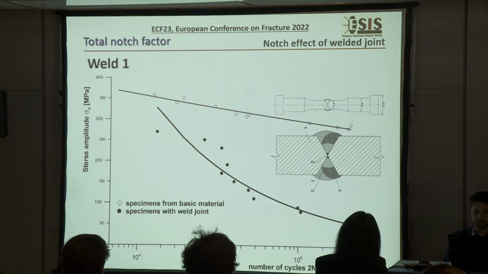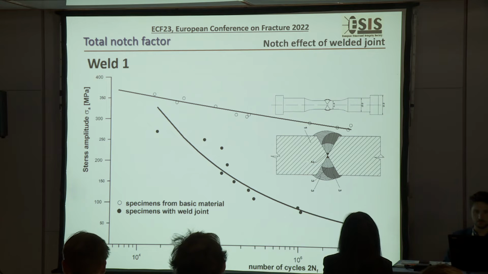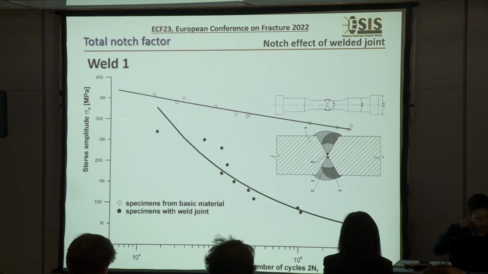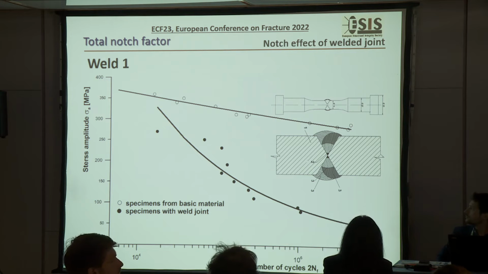This is the SN curve for the first weld I describe later. The notch factor is given, for example, for a selected 1 million cycles, as the ratio between this and this amplitude of stress. Because these lines are not parallel, the notch factor can't have a constant value, it is a function. For this study, I select 2 types of notch.